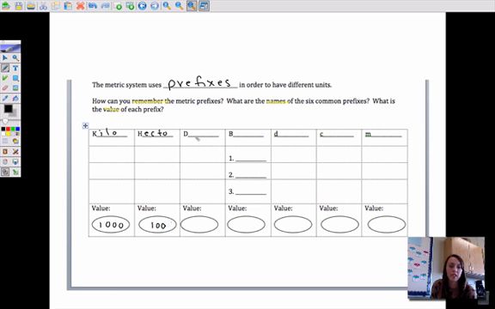D, and I have a big D here, and the thing is, in your reading from a couple days ago, we had deca being just DA, while over here deci was just a little d.